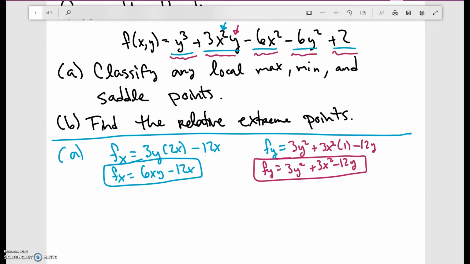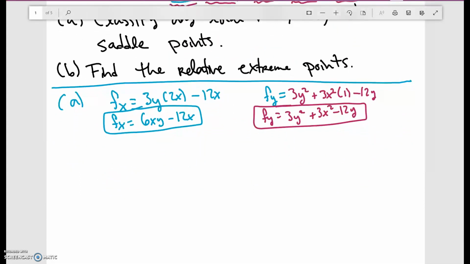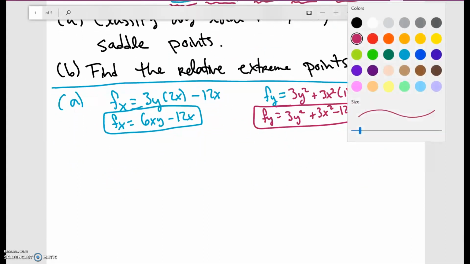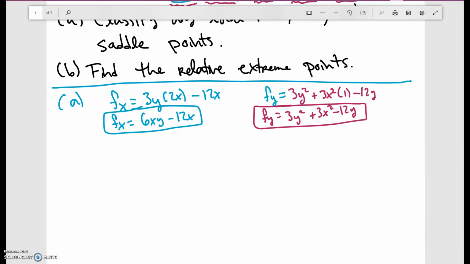Okay, now just to help me out later on, I'm going to take the second derivatives. So the second derivative with respect to x: here I can take out the 6y and then take the derivative of x, which is just going to be 1. So it's just going to be 6y.